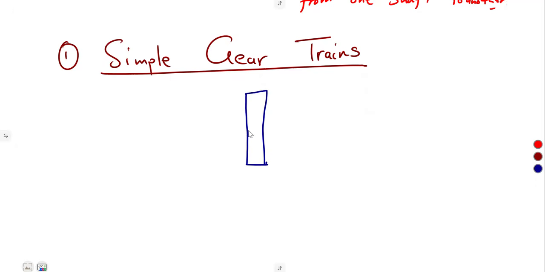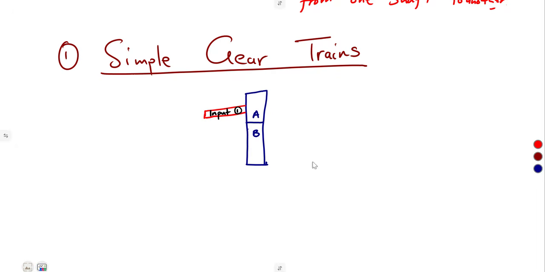So we're going to have gear A and gear B. Gear A will be connected to the input shaft. So this is our input. It will be connected to the input shaft, which we call 1.